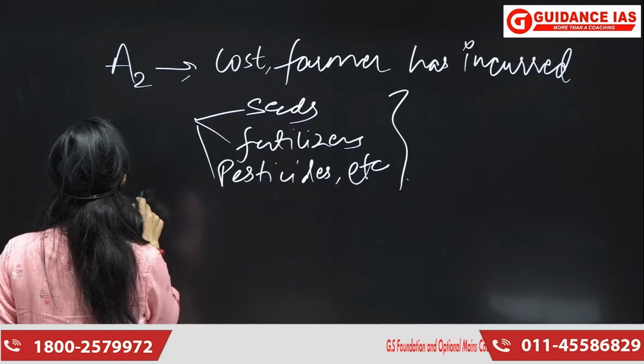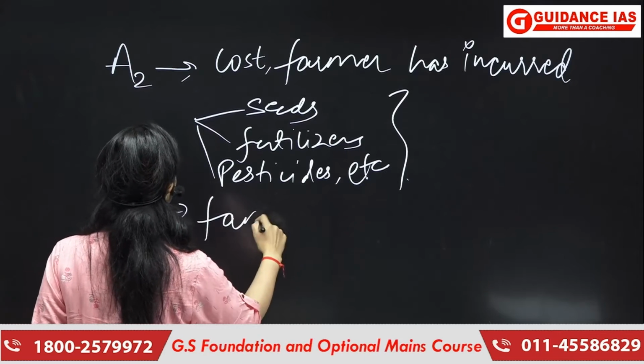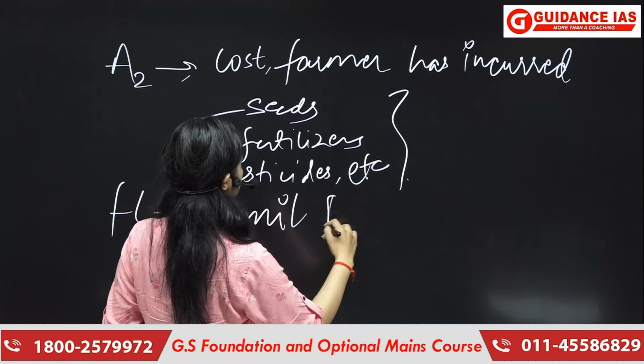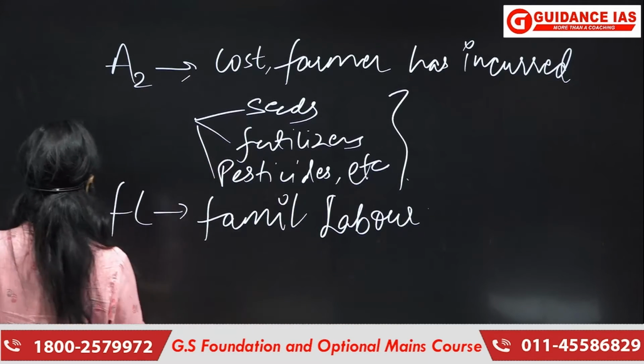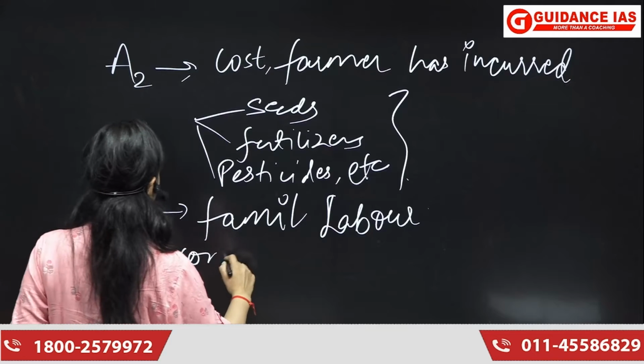Second is FL. FL is directly nothing but family labor. जो family labor हमारा use होता है while we produce any crop is FL. C2 is a comprehensive cost.